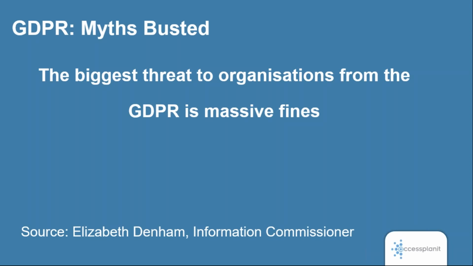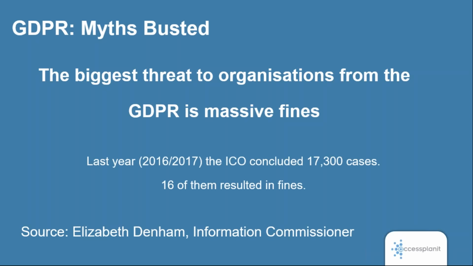She does go on to say that it does give more powers in terms of the maximum fines, and a lot of you will now know that can be 20 million euros or 4% of your turnover. But I think it's quite an interesting statistic from last year, 2016, 2017.